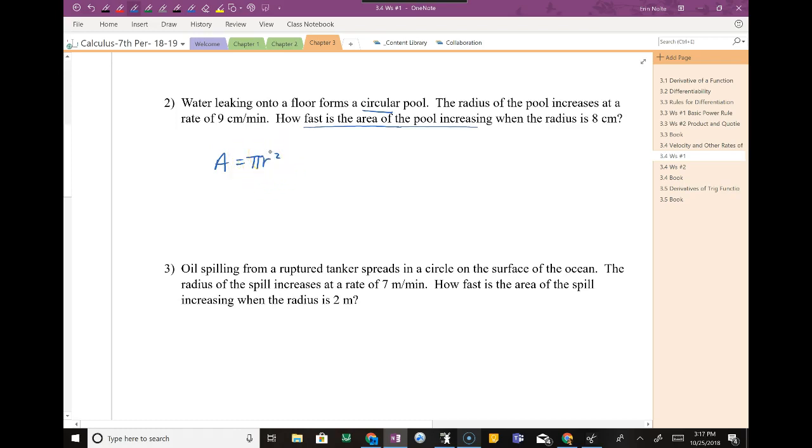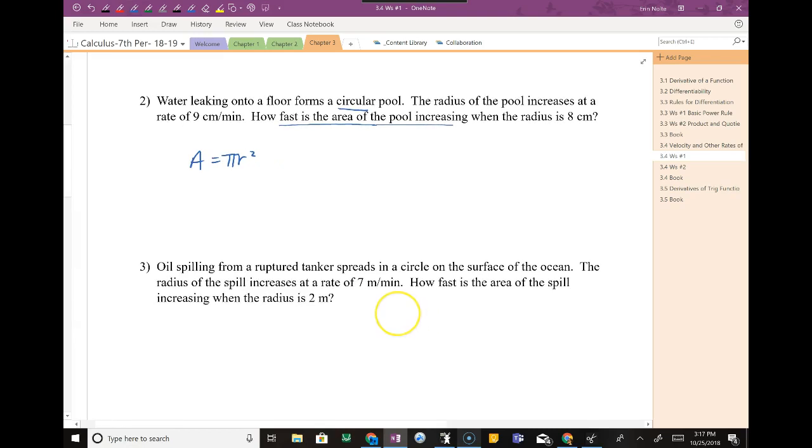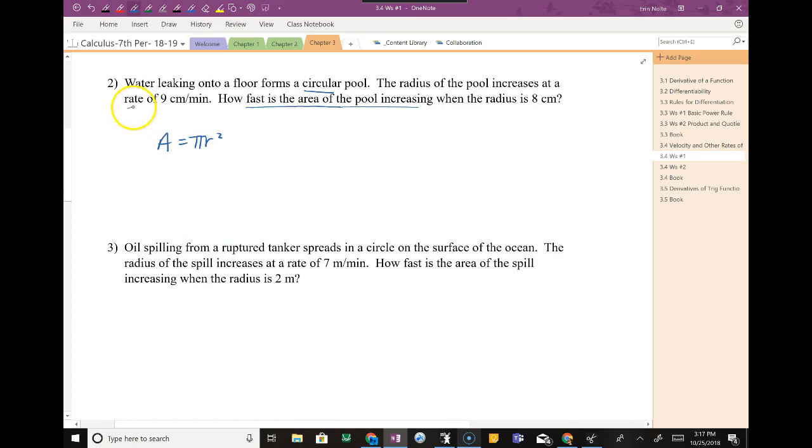Now, the second thing I want to do before I start deriving this is start filling in the information that they gave to us. They said that the radius of the pool is increasing at a rate of 9 centimeters per minute.